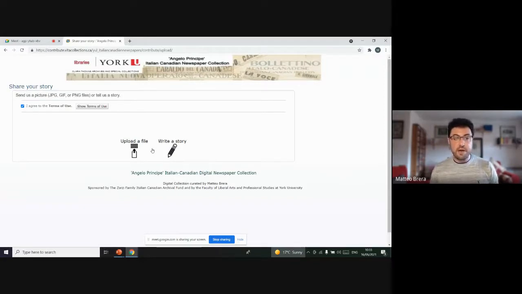Angelo Principe found these newspapers in an attic, as I did find my collection, my Bartolini papers, in an attic. So this is a kind of common denominator. People who might bump into the collection might be able to somehow contribute, even physically, to the expansion of the collection, or with suggestions for further acquisition by the archives.